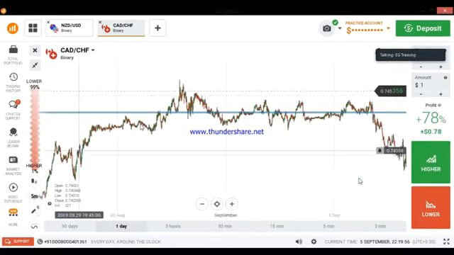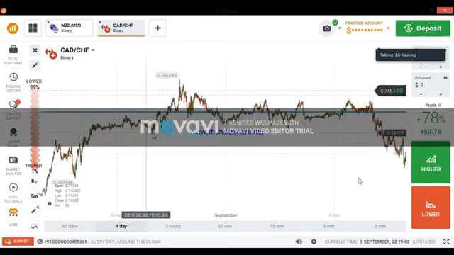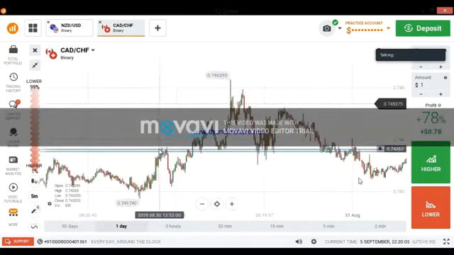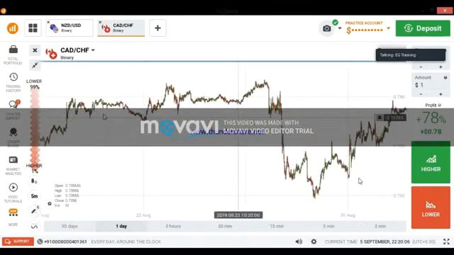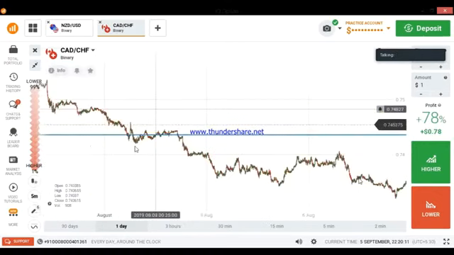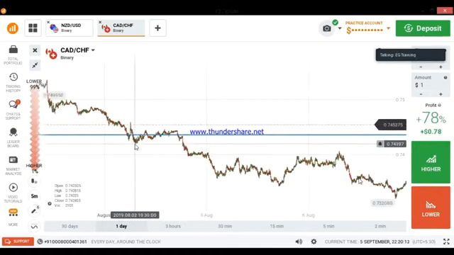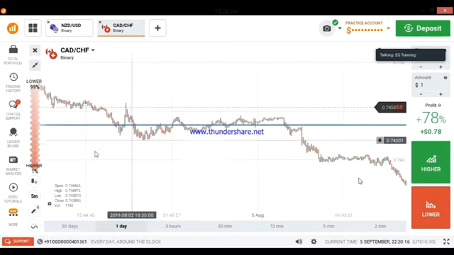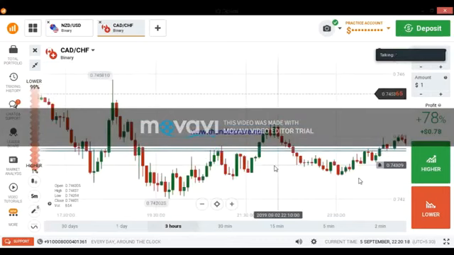Mostly the market is respecting this level from the 30th, means from the past 7 days. I think the past 10 days. Right. This is 9/2, the past 1 month. The market is respecting this level for the past 1 month.